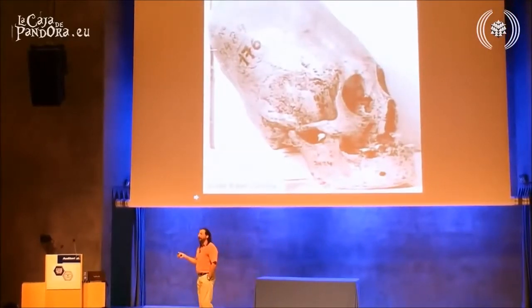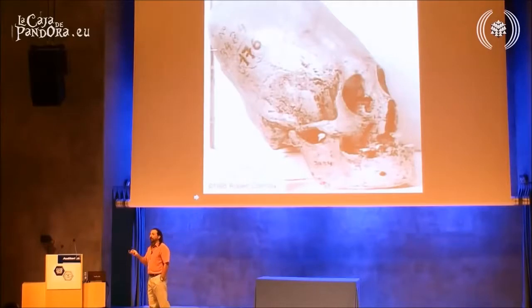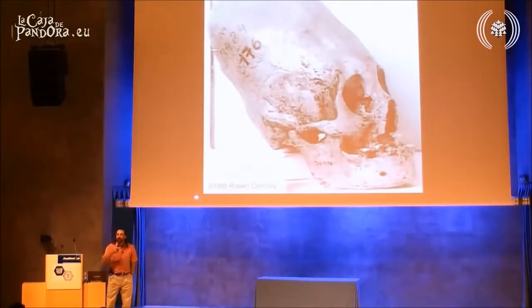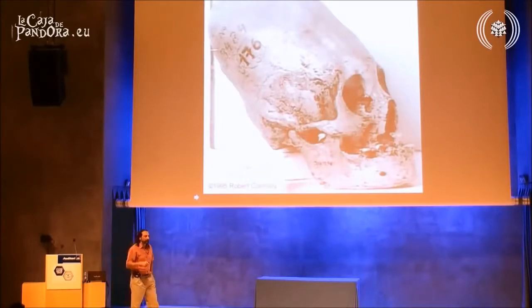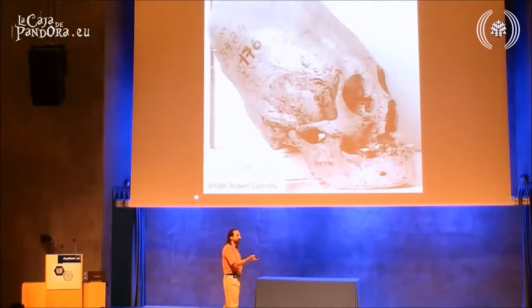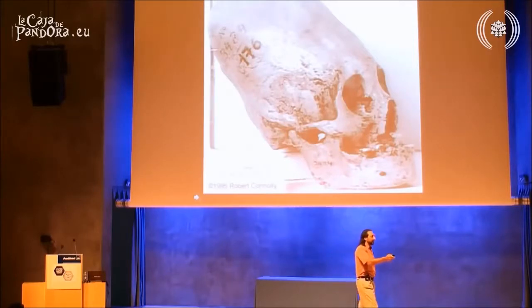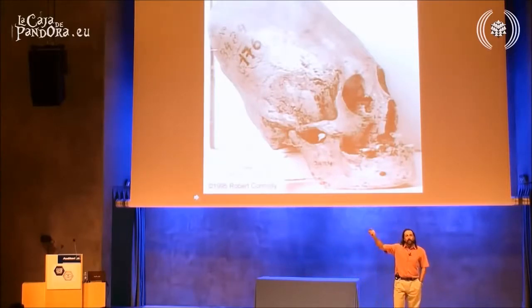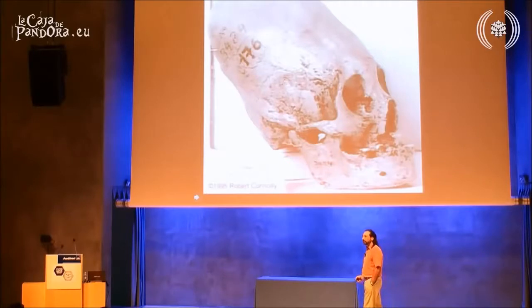Are there remains of these individuals? Are there remains of these societies around the world? Is there information that says, yes, these sun gods were really here, that they were interacting with these people out there?